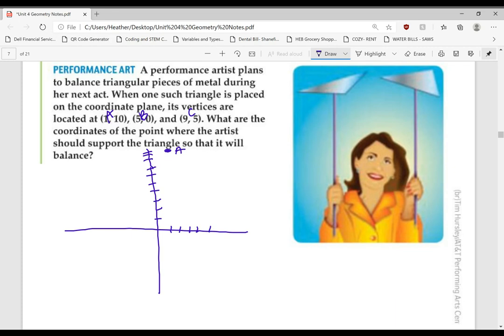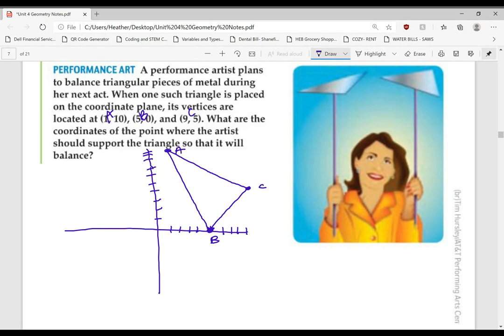So 2, 3, 4, 5 is B. And then (9, 5). 1, 2, 3, 4, 5, 6, 7, 8, 9, and 1, 2, 3, 4, 5. So about right here. If I connect all of these vertices, this will be my triangle.